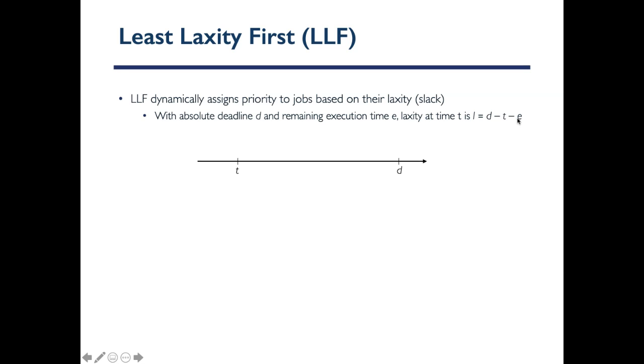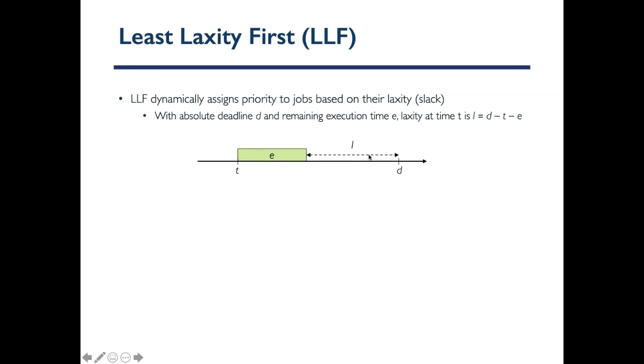If I want to put it in picture, so at time t, if you start running your task and let it run for its remaining schedule, then it will finish at time t plus e. Now anything from here to d is basically your laxity. So laxity is d minus t minus e.